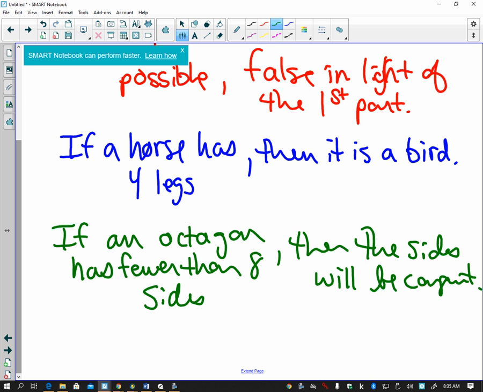Okay, this doesn't work. Does anybody know why this doesn't work? Right, an octagon can't have fewer than 8 sides, so the first part of the statement is impossible.